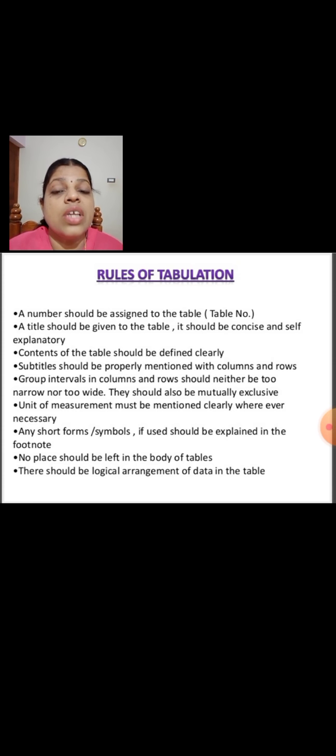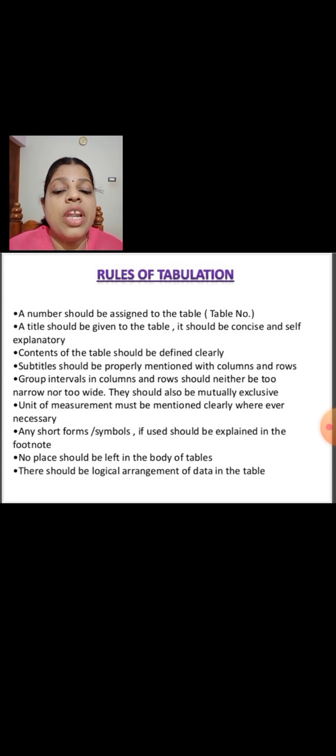And the next one is, any short forms or symbols, if used, should be explained in the footnotes. Children, we know that under the table we will give some specific footnotes. What is the purpose of footnotes? The symbols as well as the short forms given in the data, that information should be clearly mentioned in the footnote.